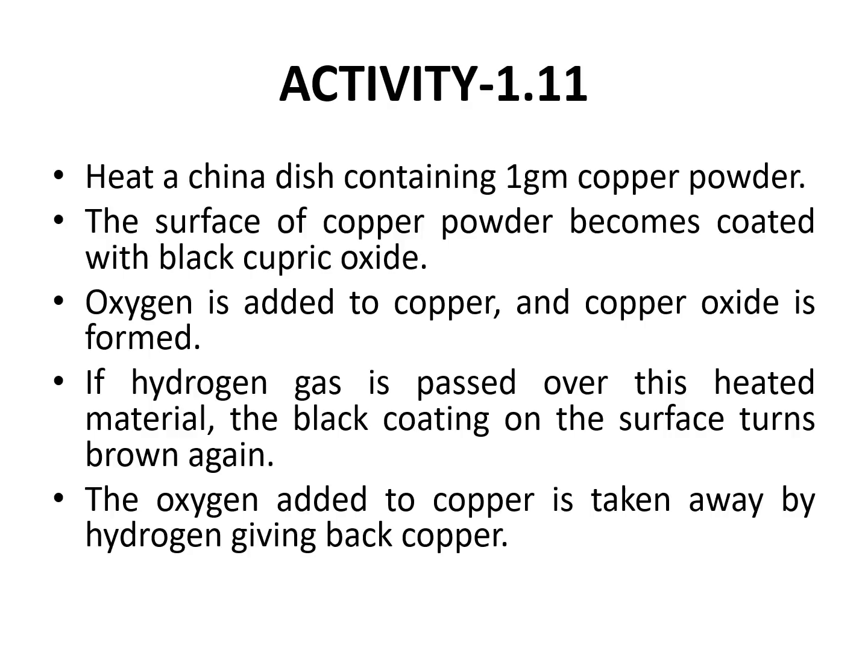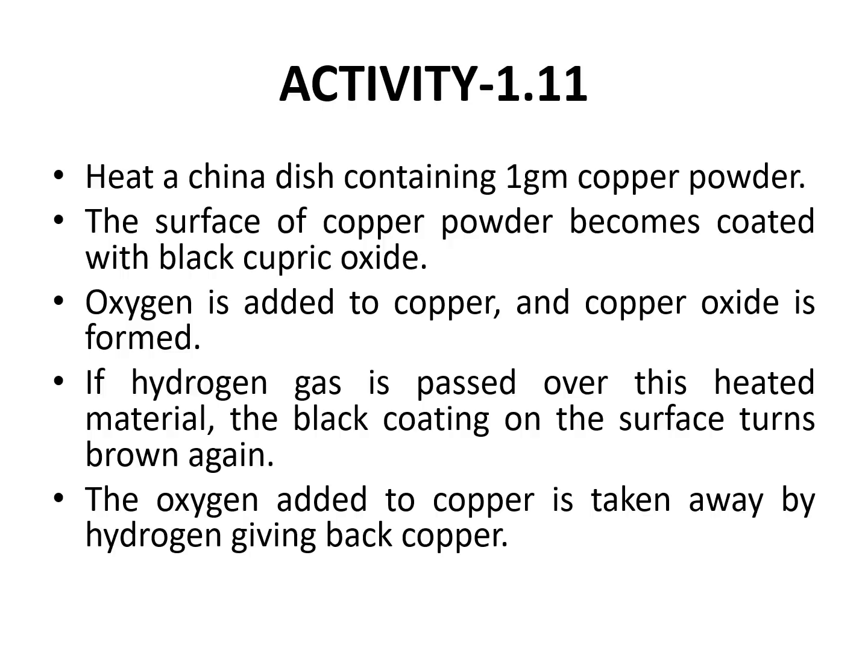We take a china dish and take about 1 or 2 grams of copper powder. Copper is red brown in color. Now we start heating this copper powder in the china dish and the surface of the copper powder becomes coated with black cupric oxide, CuO.